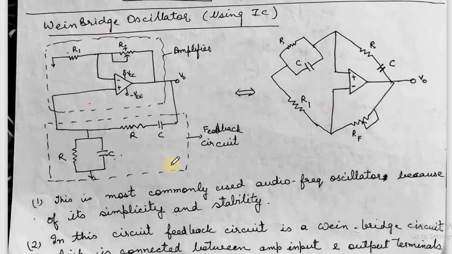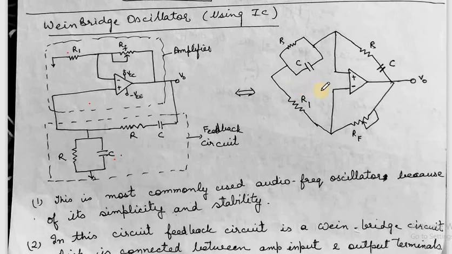This circuit has been rearranged in this way. Why have I arranged it in this manner? Because when I arrange the Wien bridge oscillator circuit this way, it looks like a Wheatstone bridge, and the analysis done here is very simple.